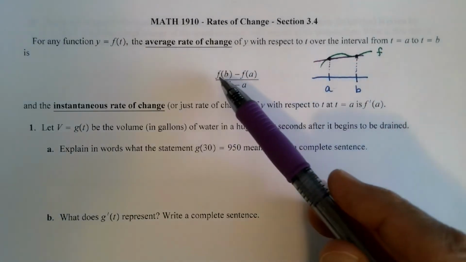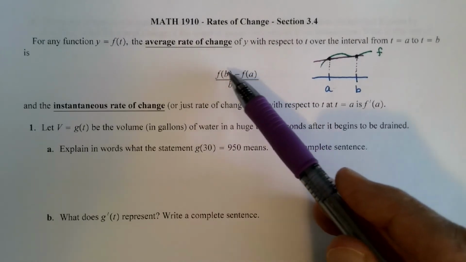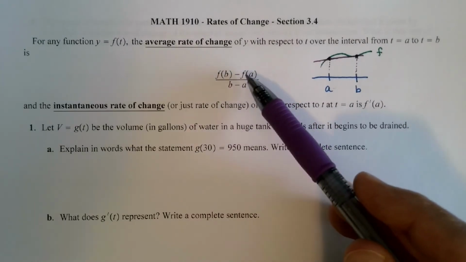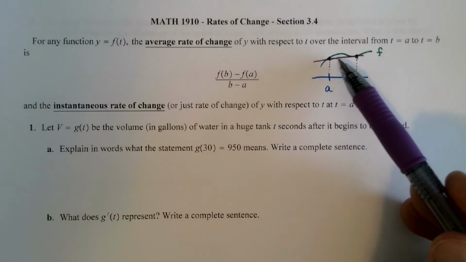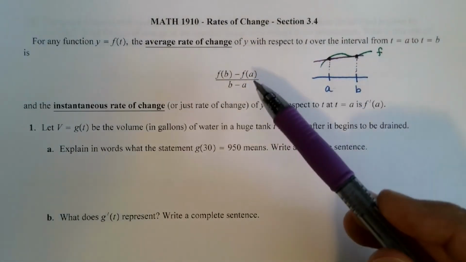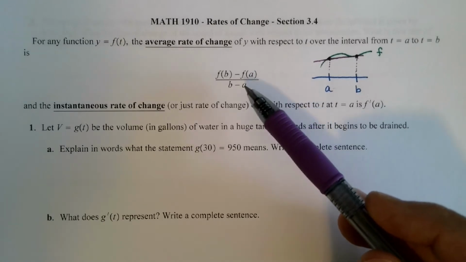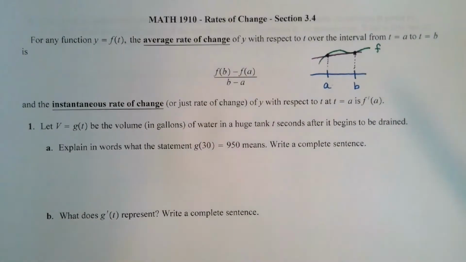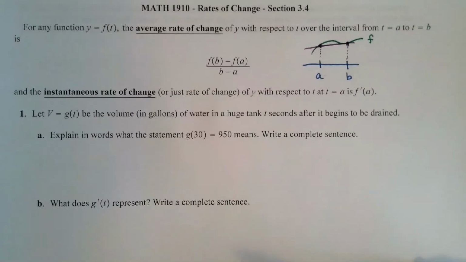And so what do you get for your average rate of change? The change in the output is the total miles you traveled over the given time interval. And so you get a rate of change of miles per hour. So that's something that's real important, and we're going to talk about that.